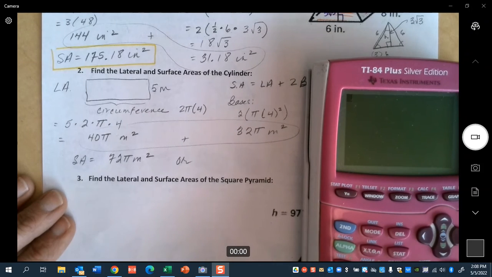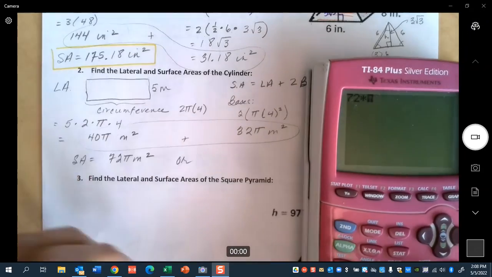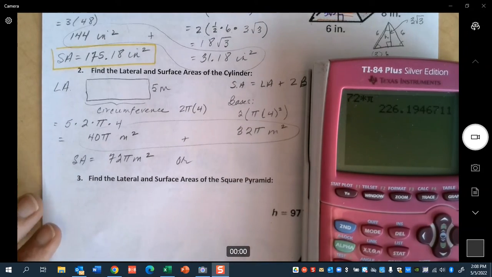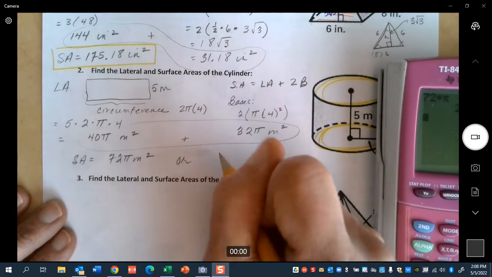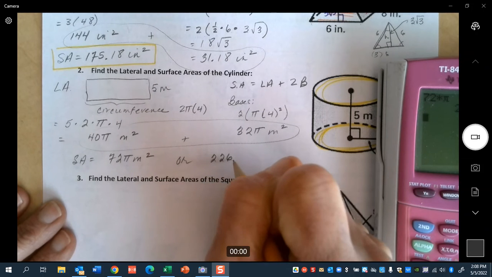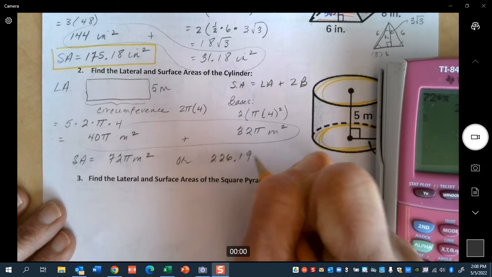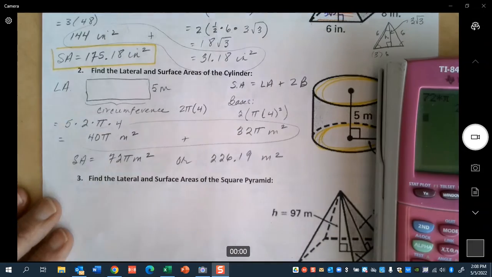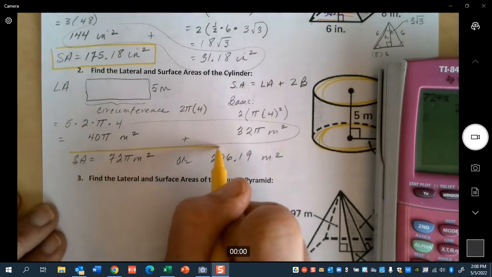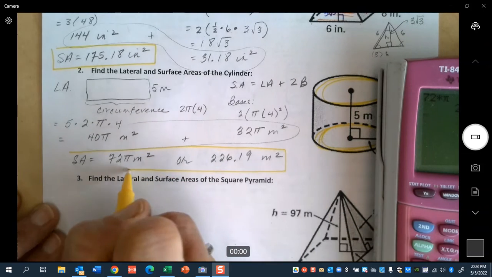Sure, no problem. 72 times pi is 226.19 square meters. So that's going to be my surface area.